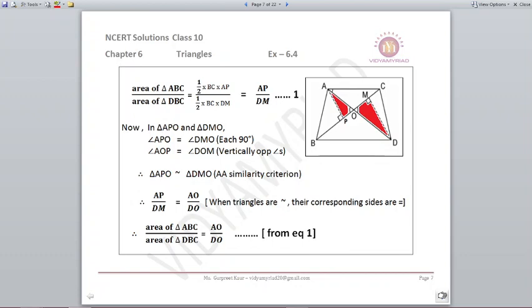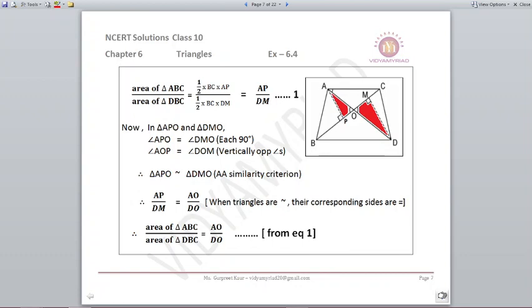So now let us take the two triangles APO and triangle DMO and let us try to make them similar, because we want AO upon DO as the answer. So how are we going to get this? These are the parts of those triangles and we will try to make those two triangles similar. How can we make it?